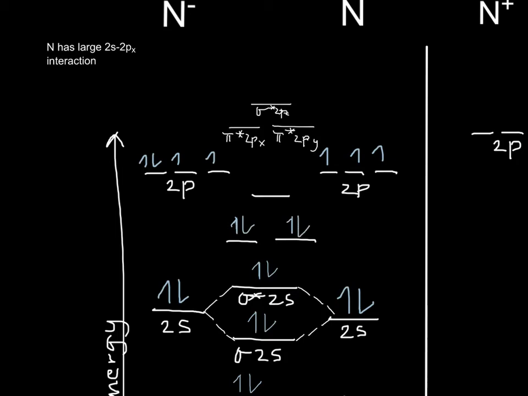We will also completely fill the sigma 2p levels as well. 1, 2. And in this case, 1, 2, 3, 4, 5, 6. There is one more electron total between the N- and N atomic orbitals, which would go directly up to the pi star 2px.